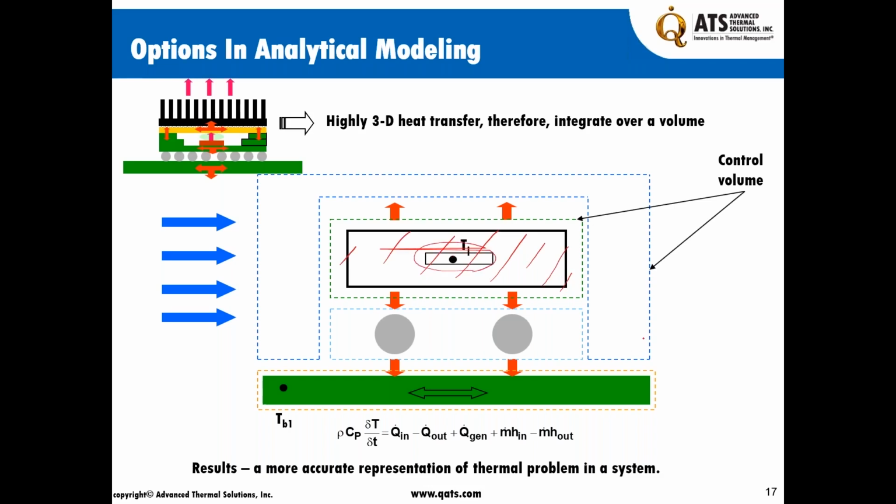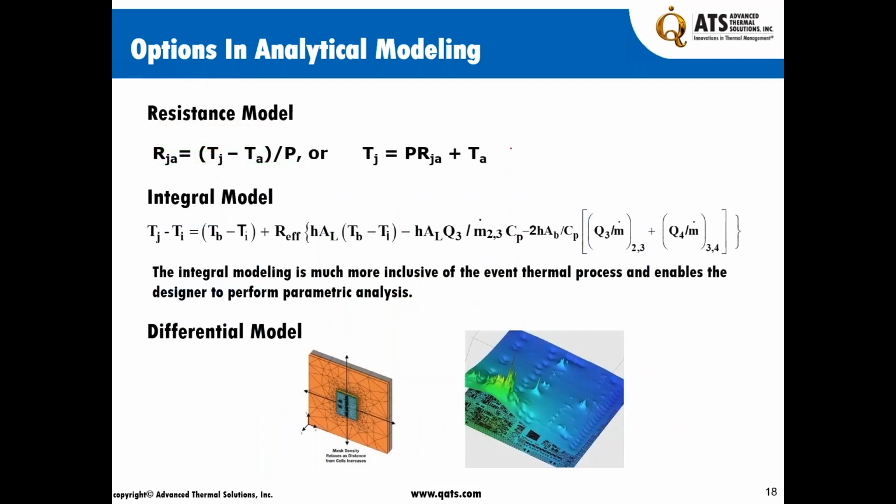Then we put another control volume around the fluid, one control volume where the heat comes to the leads or the balls and then gets into the board, and then another control volume on the board. So if I merge these control volumes and apply the first law of thermodynamics on the conservation of energy, I have this model. And the model that I have is significantly more comprehensive.